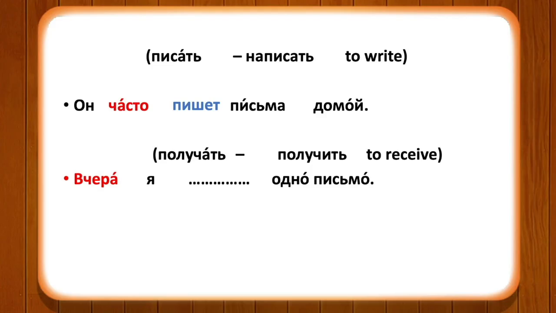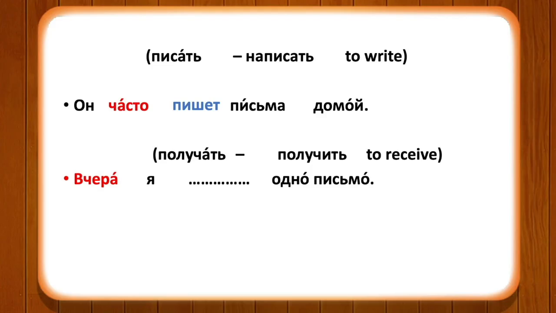So let us read the sentence. Вчера я dash одно письмо. Again, the adverb вчера, which is yesterday, means you have to conjugate the verb in past tense, because the action is completed. Yesterday I received one letter.